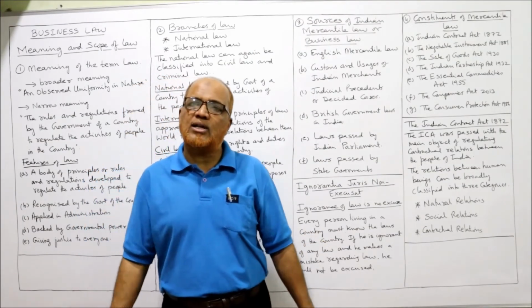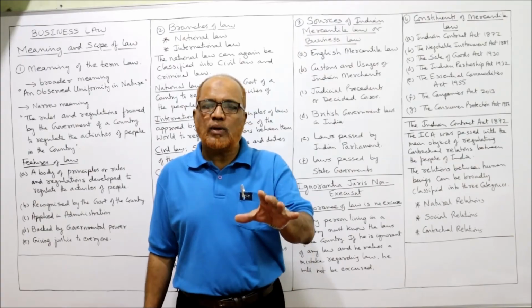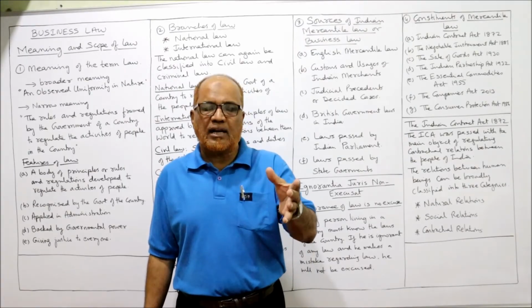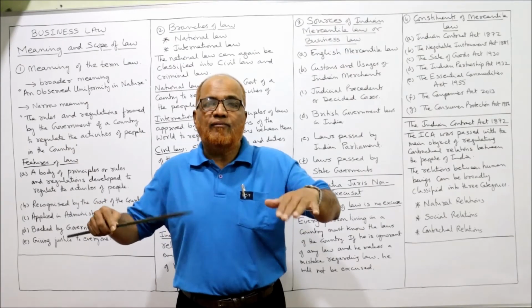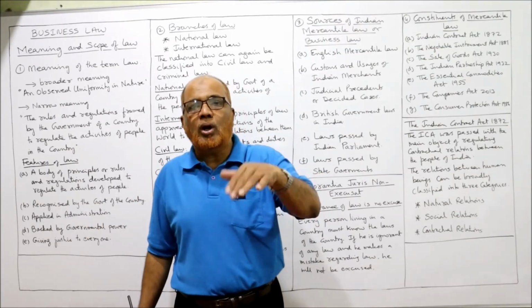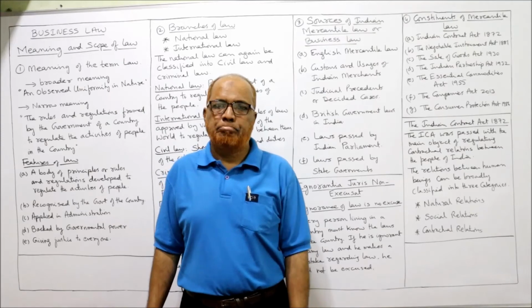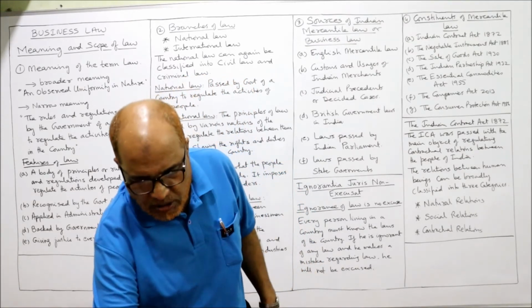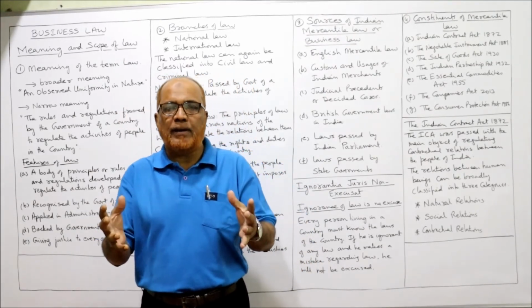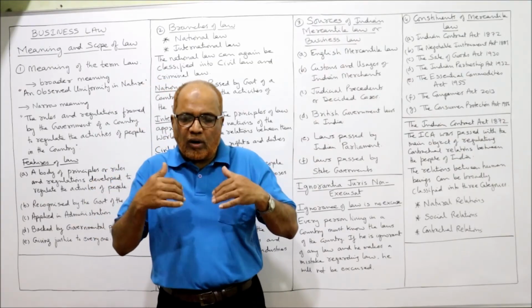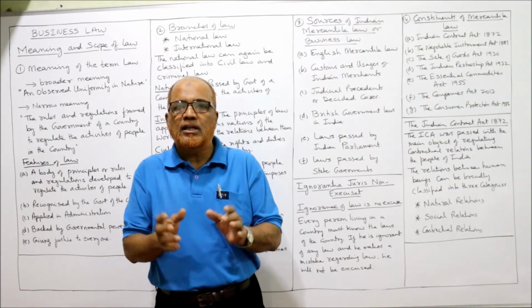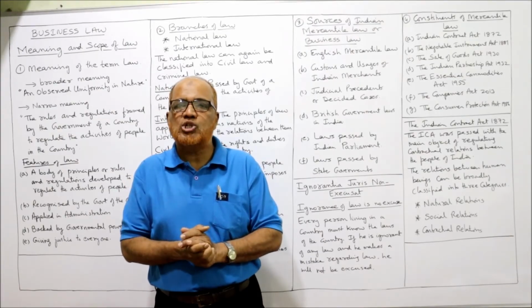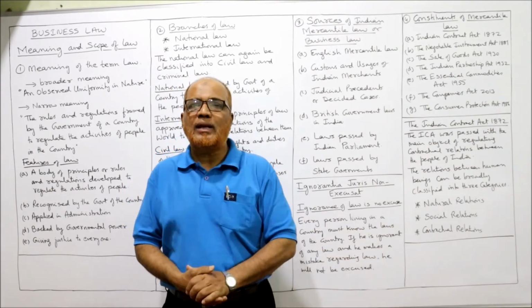Last one, contractual relations. Contractual relations are the relationships which are created between persons willingly to do or not to do something. That means the relationship created by people on account of their own willingness to do something or not to do something, these are called contractual relations.